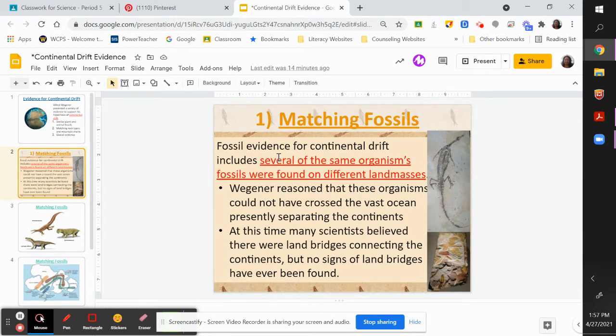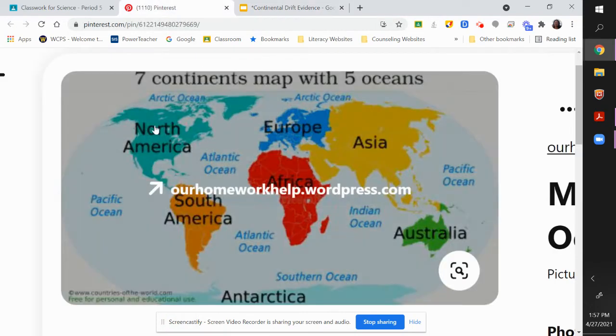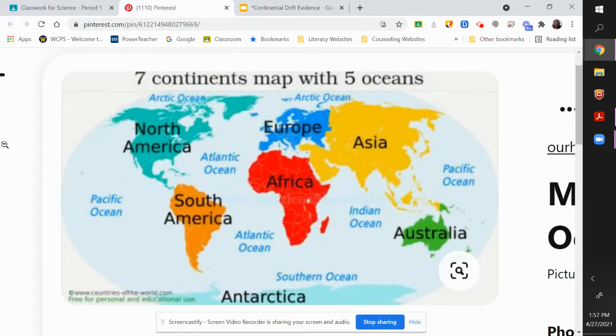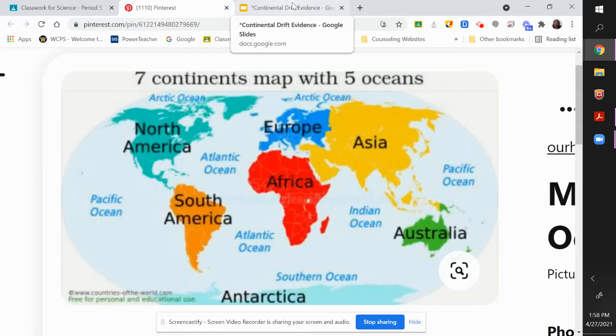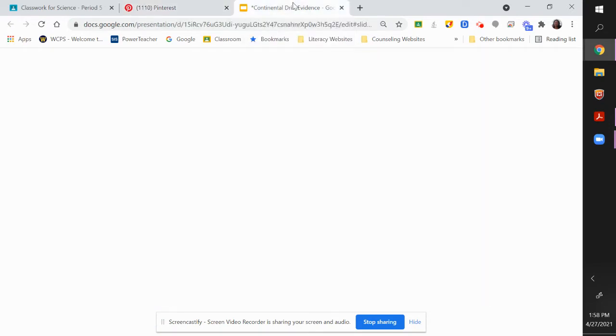Fossil evidence for continental drift includes several of the same organisms' fossils found on different land masses. So Wegener is reasoning that these organisms could not have crossed the vast ocean presently separating the continents. So he's saying, listen, if they were all connected, this is what we now know, but he thinks they were all connected before. Remember, South America and Africa kind of look like they can match here. And so he's saying they were all together in one big landmass.